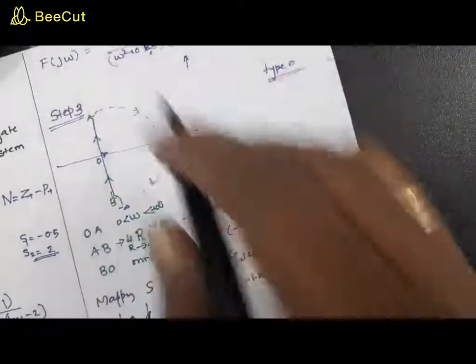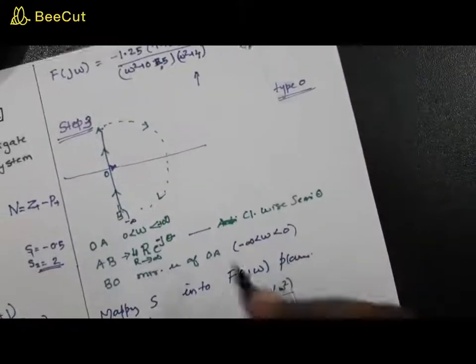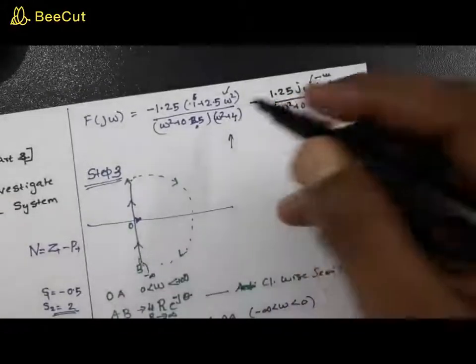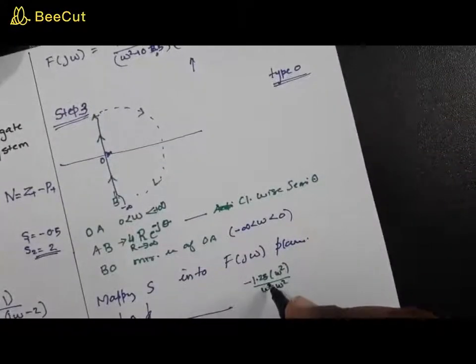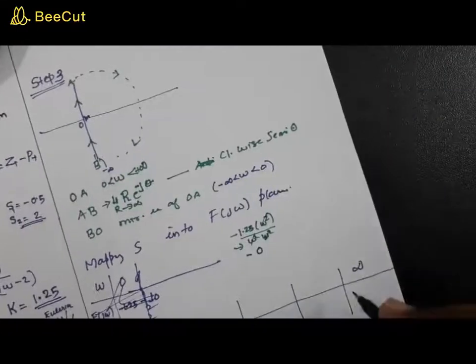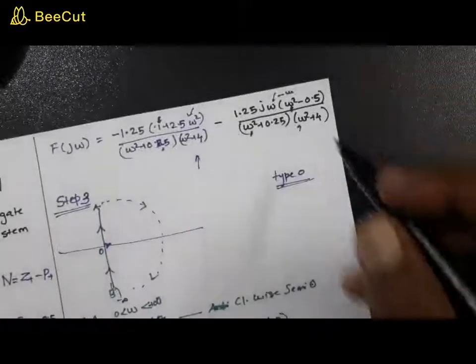So this will be minus 1.25 by ω square plus ω square into ω square. For the real term, this ω square and ω square get cancelled, and then you substitute ω equal to infinity, so you will get minus 0. So the point is minus 0, the real term. What about the imaginary term?